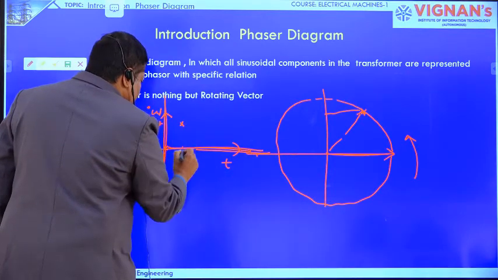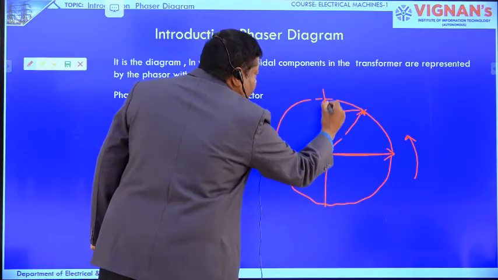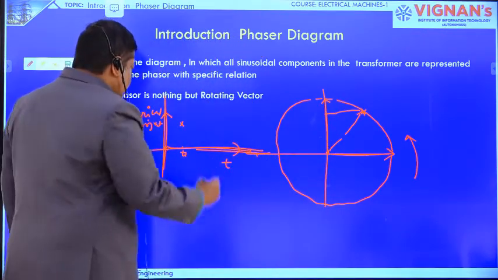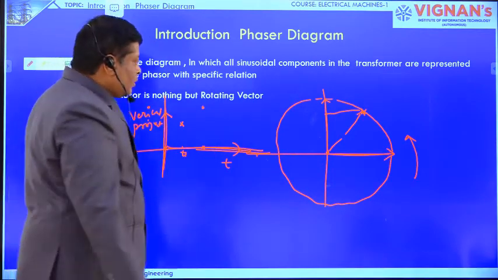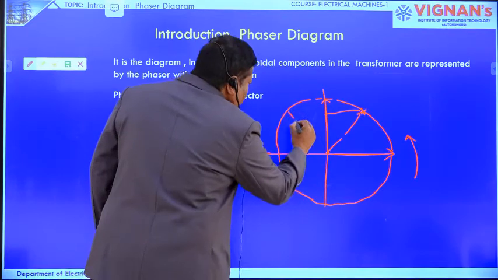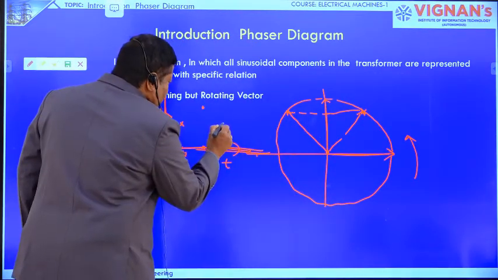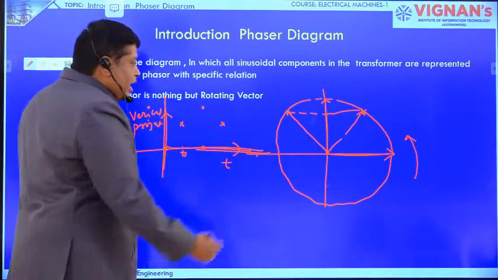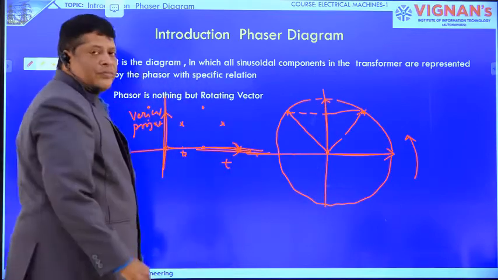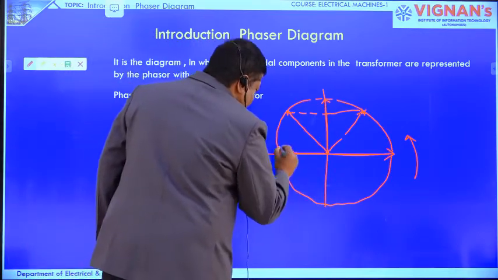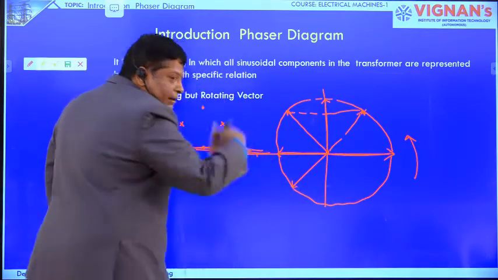At 90 degrees, the vertical projection is maximum. After that, the magnitude decreases. Again, when the vector comes here, the vertical projection comes to 0, because it keeps rotating.